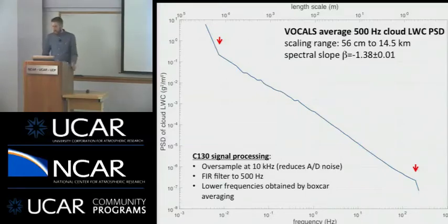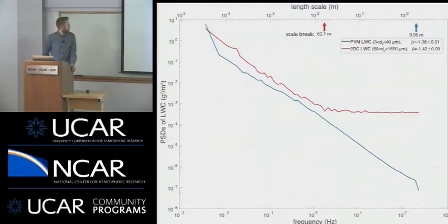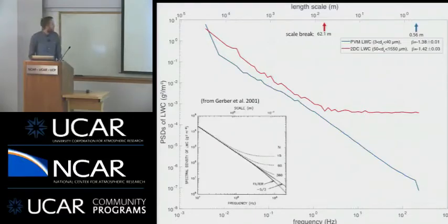So now what happens if we add rainwater? Well, now we do see a scale break, and a pretty significant scale break at about 62 meters. So is that to say that the point I just made about signal processing invalidates myself? No. What we end up seeing here is that, like I said, rain liquid water content is very sparse in space. You're seeing very few drops, especially when you're looking at the 500 hertz observations.